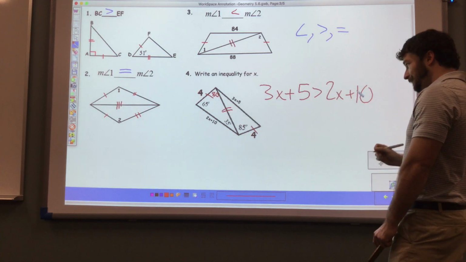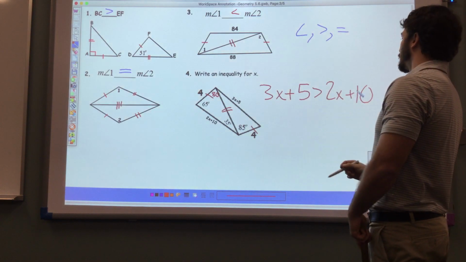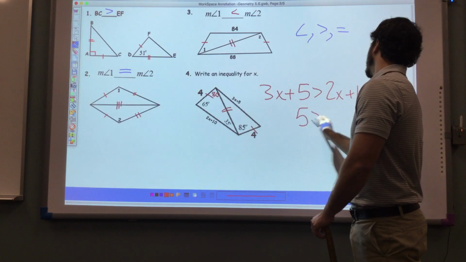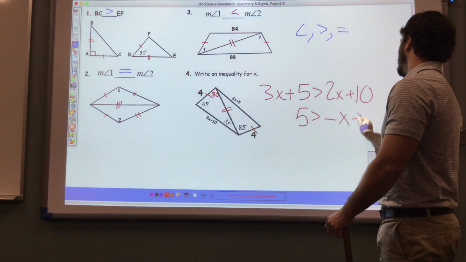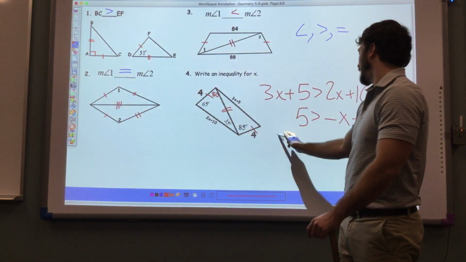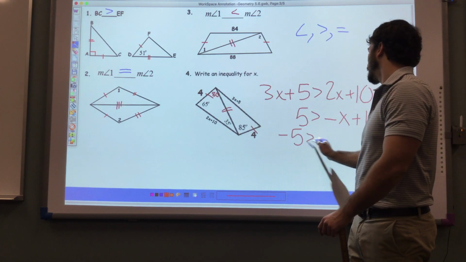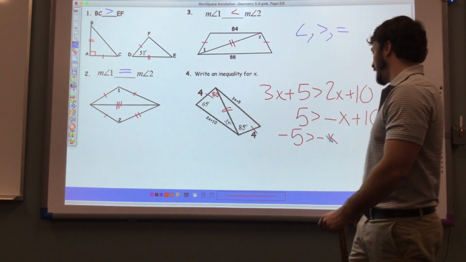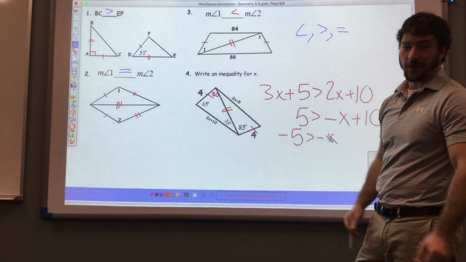So now we solve. Let's subtract 3x from both sides. So 5 would be greater than negative x plus 10. Then I'm going to subtract 10. So negative 5 is greater than negative x. We've got to get rid of the negative, so we divide by negative 1 or multiply by negative 1.